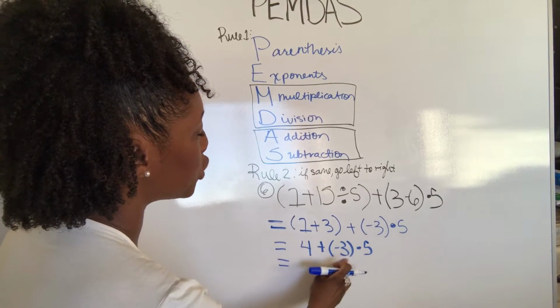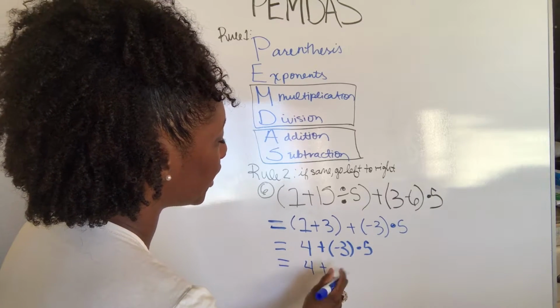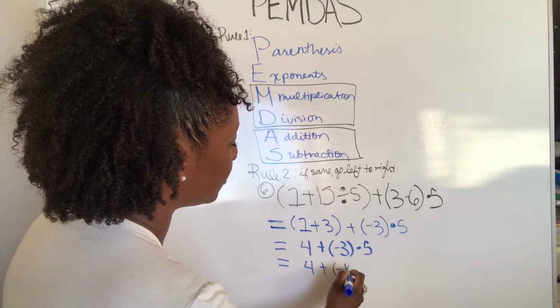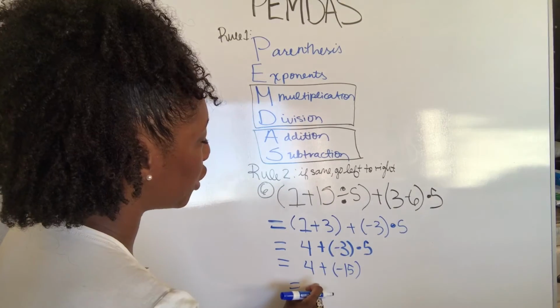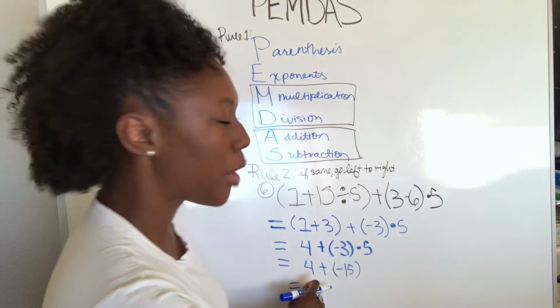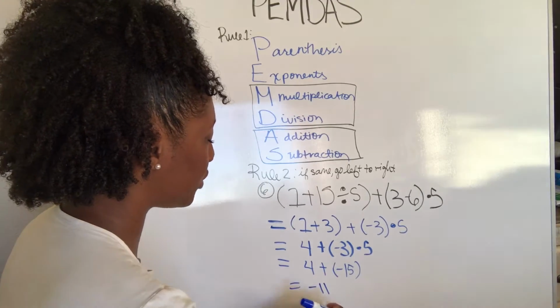We know we need to do the multiplication before we do this addition. So we have 4 plus negative 3 times 5 is negative 15. So if you follow the rules of adding and subtracting negative numbers, we know that this is 4 plus negative 15, which is negative 11.